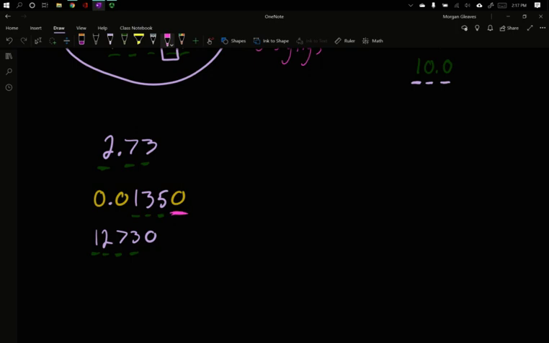The idea was the device must have been marked such that we actually saw the 5 and we guessed the next one down. We wouldn't have written that 0 on the end unless we knew it. We would have written this as 0.0135 if we had guessed the 5 spot. If the markings on the device told us 5, we could have guessed that next one over.